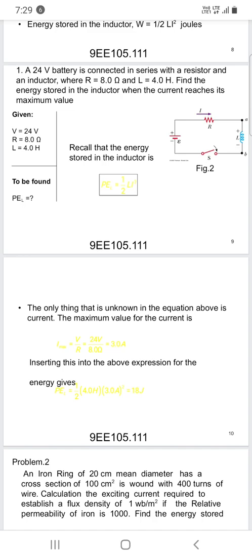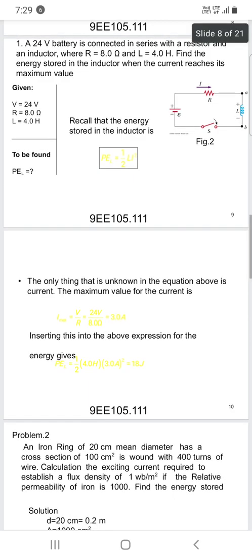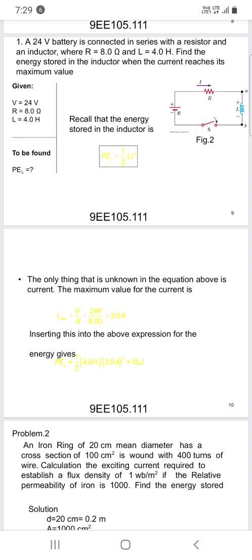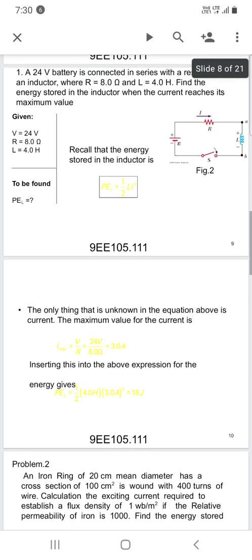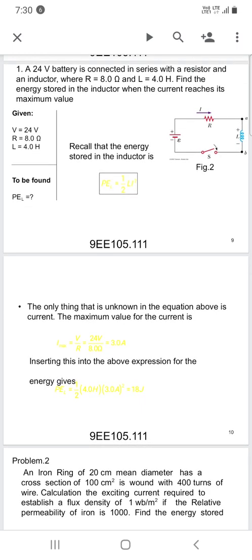The inductance is there, resistor is there, voltage is there, but we don't know the current. So we need the maximum current, I maximum. From the resistance value given and the battery voltage given, we will find the value of current in the circuit.